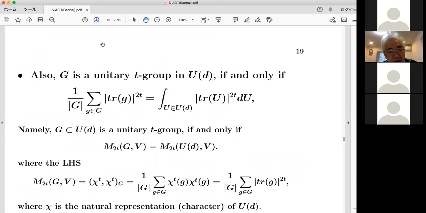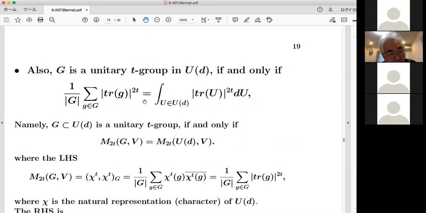Now, this condition is equivalent to a condition expressed by values of characters of group G. And this quantity is the same as this quantity. This equation is a matrix equation. I'm sorry, this is numbers because we have an absolute value here. And this is one equivalent condition for G to be a unitary T group.